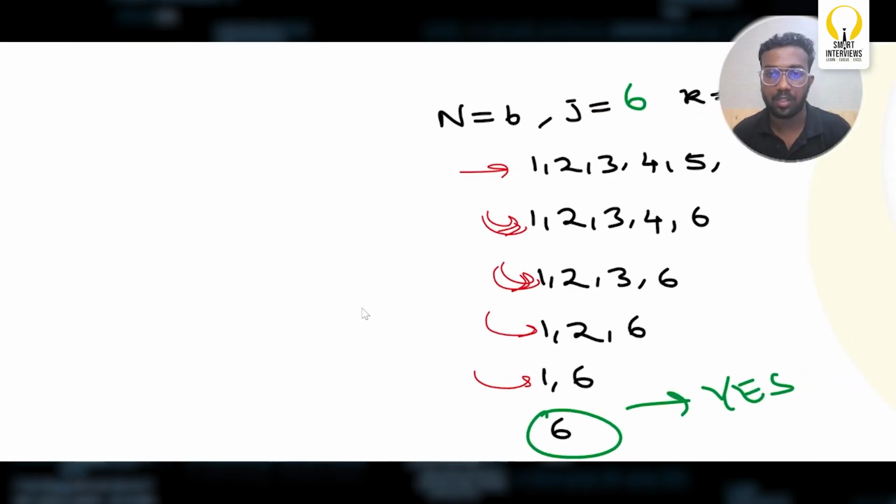Here, if k was 2, we were still able to take 1 till this step, right? We were able to take 1 till this step until k equal to 2. But k equal to 1, we couldn't, because 6 is the maximum. Right? J equal to 1, k equal to 2, it would have been fine. Even 3, it is fine. 4, it is fine. K equal to 5, it is fine, and so on. I hope everyone understands the logic here.